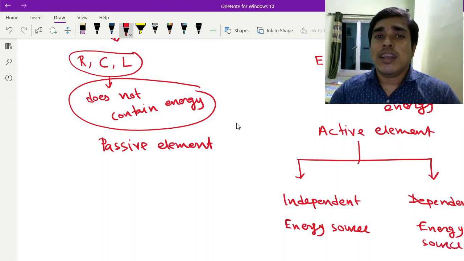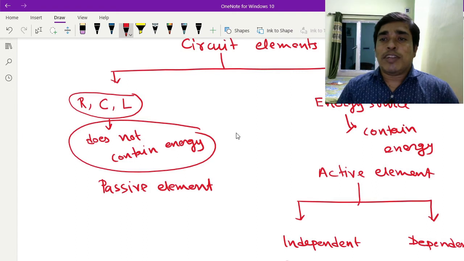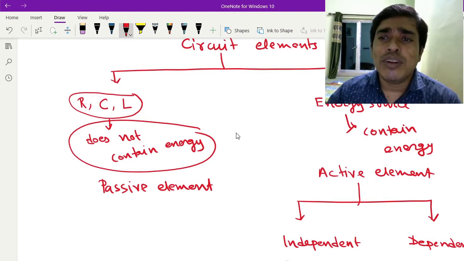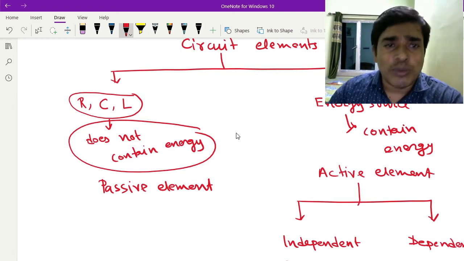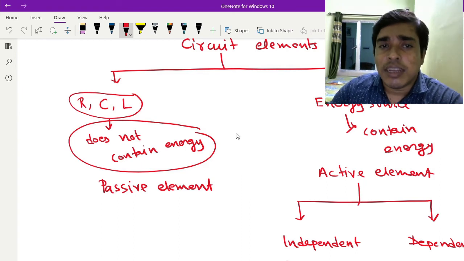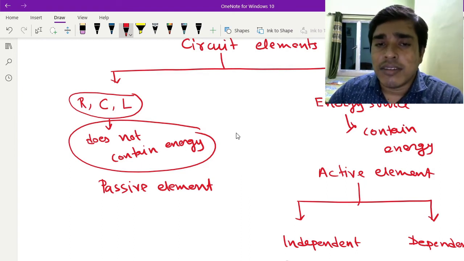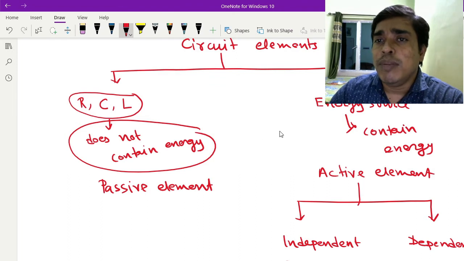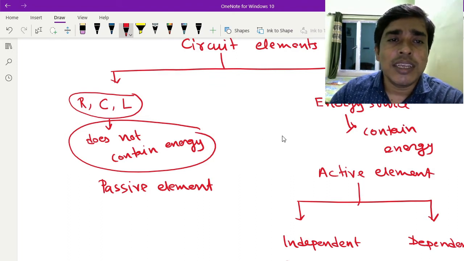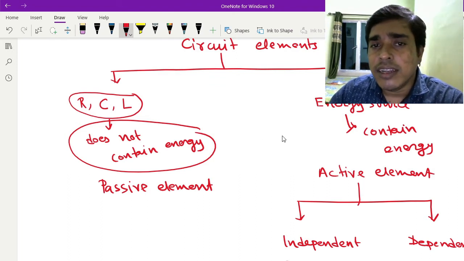All of you already know what resistance, capacitance, and inductance are. Here I will give some important parts of them.